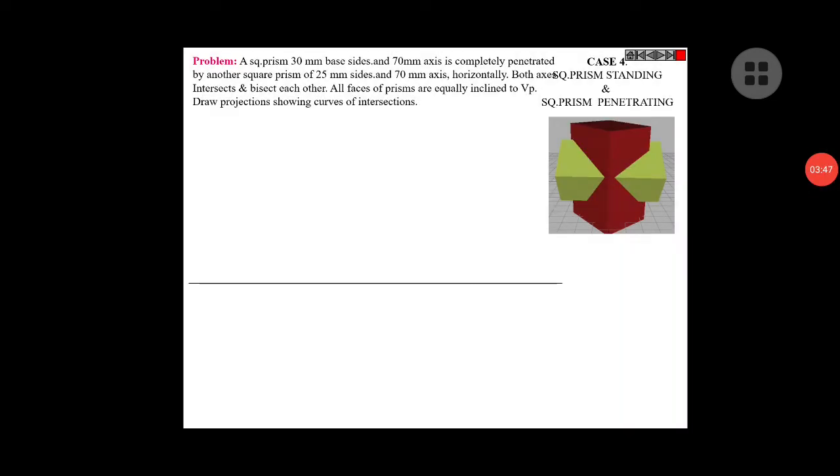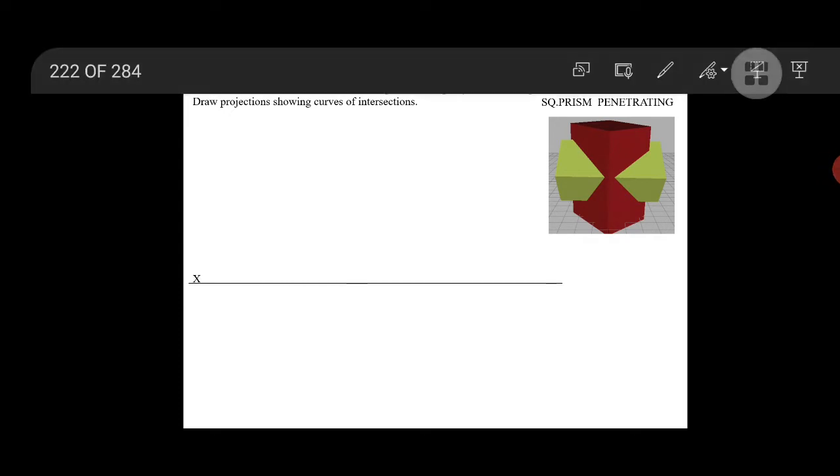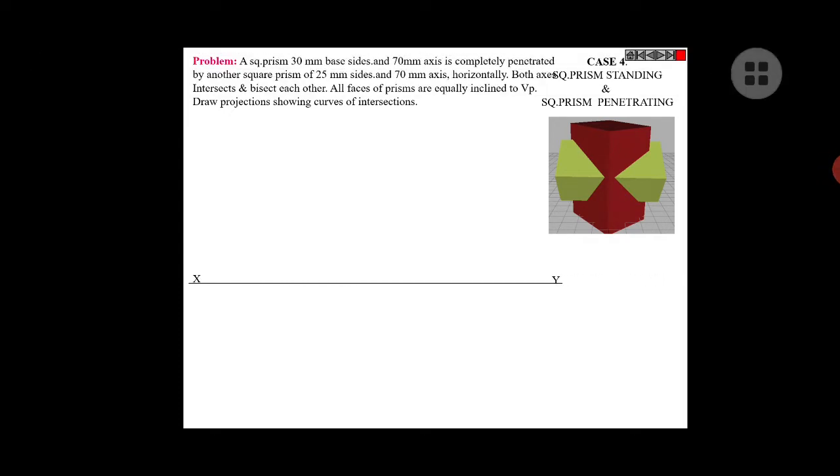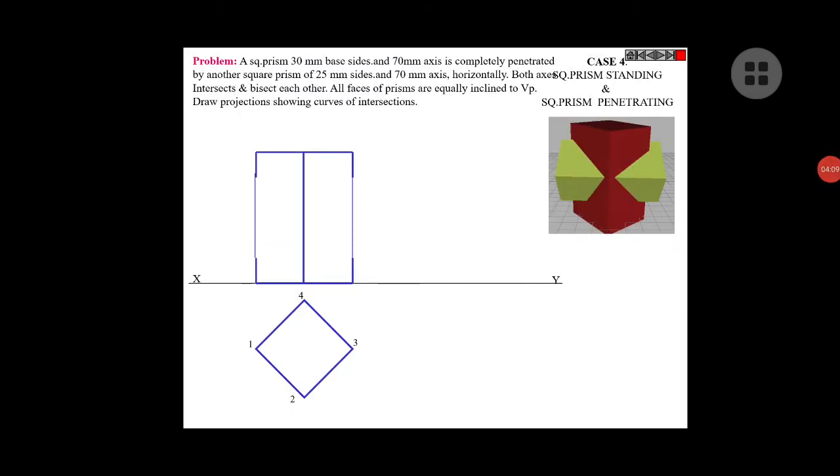So firstly, draw the XY line. Then draw the actual view of the first prism, side 30 mm. Then mark the names 1, 2, 3, 4. Similarly, extend these lines to the front view.